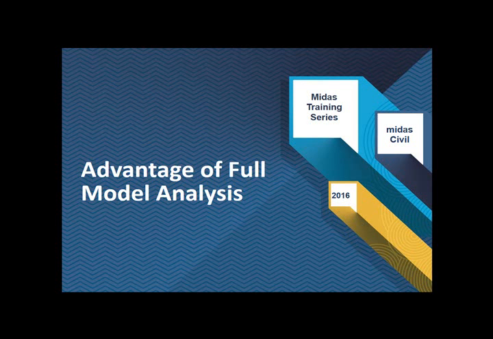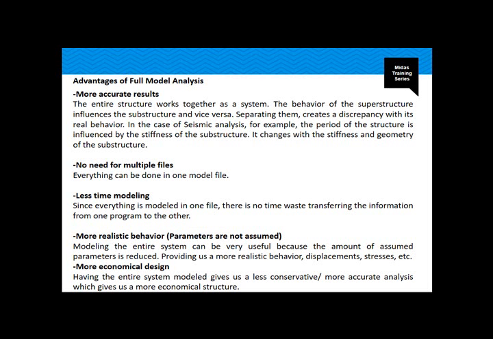So going over the different advantages of having the full model, and by full model I mean having the superstructure and the substructure together in the same platform. The first and main advantage is that we can obtain more accurate results using the two parts of the structure.